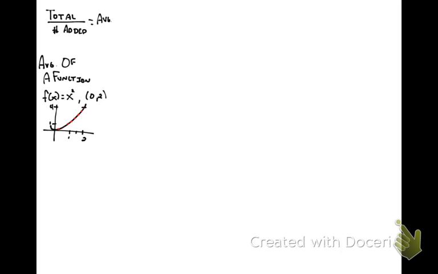Now you do know, or should recognize, that the area between our curve and the x-axis represents the total change. So if we were to integrate x squared from 0 to 2 dx, what we're finding is the total change, or the total per se, on the interval from 0 to 2.